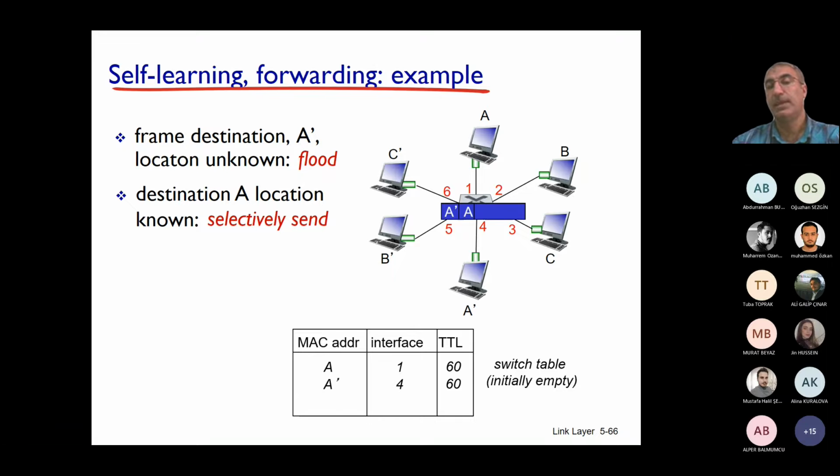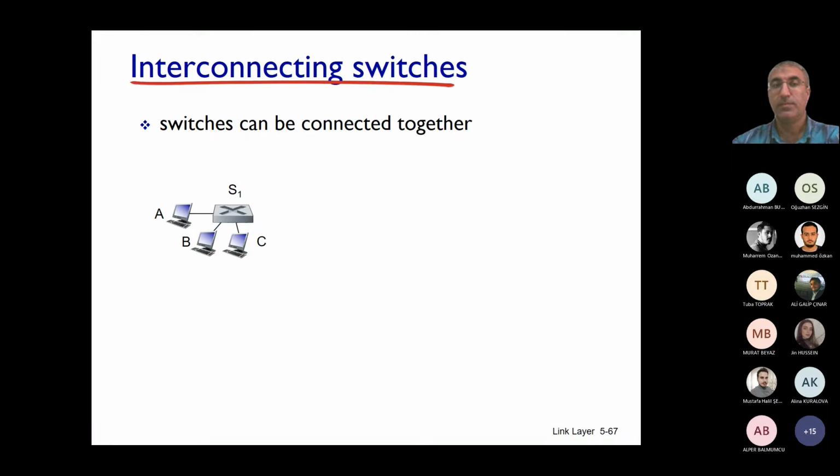And then it selectively sends to A. This way, the switch builds its switch table by using self-learning. And then we can use multiple switches to come up with larger networks.